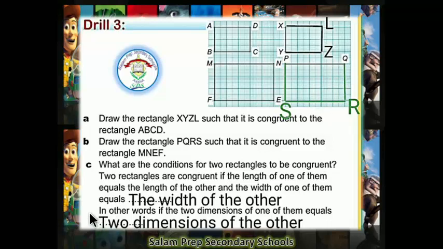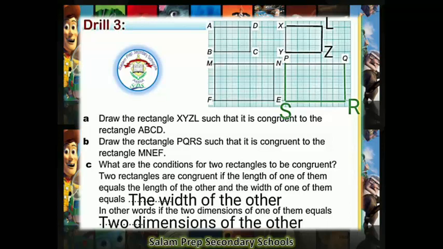We can say the conditions of congruent rectangles in other words. If the two dimensions of one of them equals two dimensions of the other. We know previously dimensions means length and width. Okay?